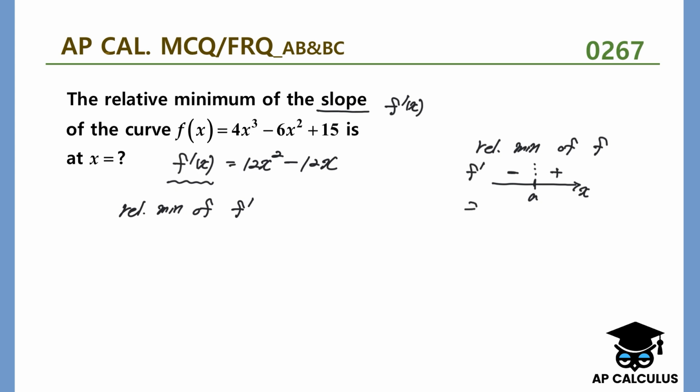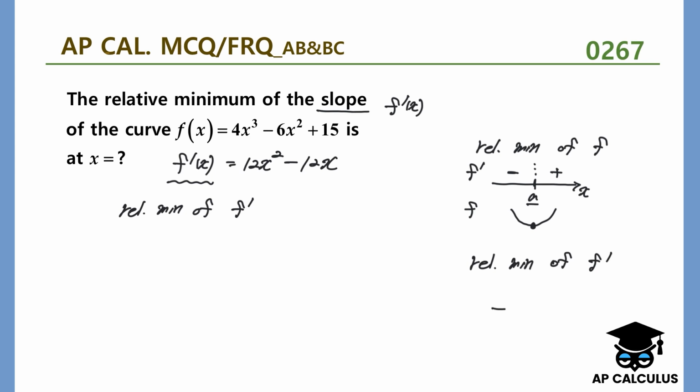Then we know that f is decreasing in this interval, increasing in this interval. So we know that f has a relative minimum at x equal a, right? That's what we did. Here we're trying to find the relative minimum of f prime.